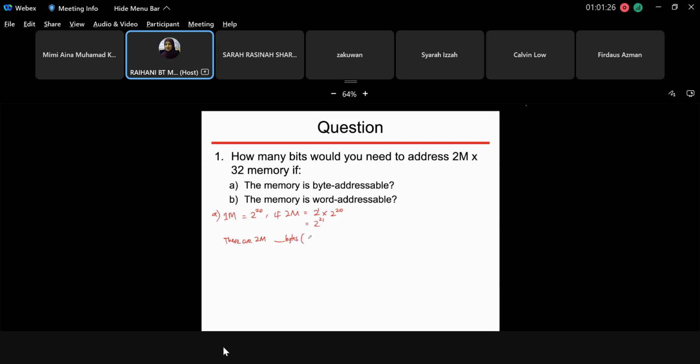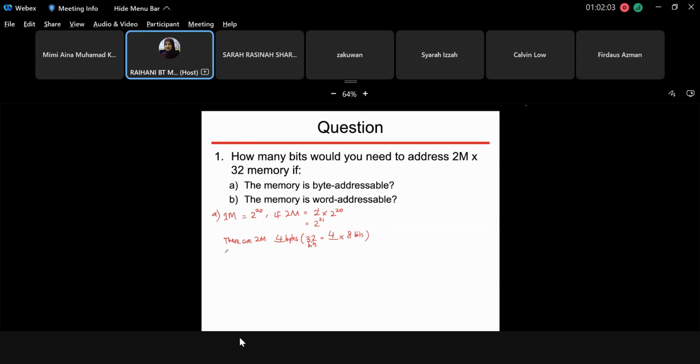To have 32 here, because this one is in bits, so this one will be how many? Divide by 8 bits, 4 lah. Isn't it? Correct, class? So this one will be 4.